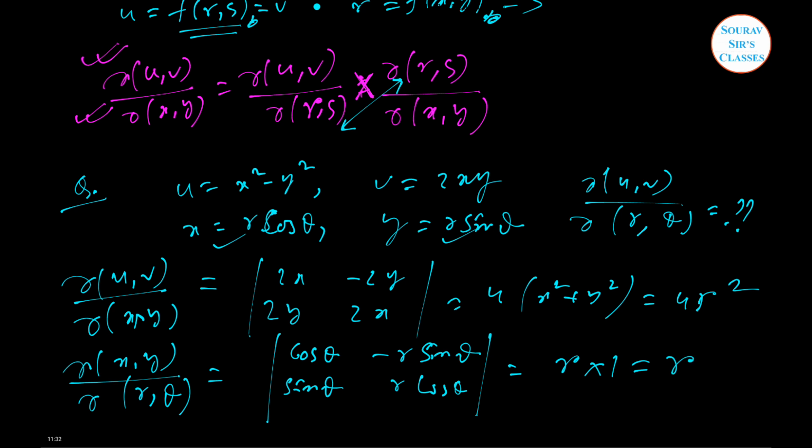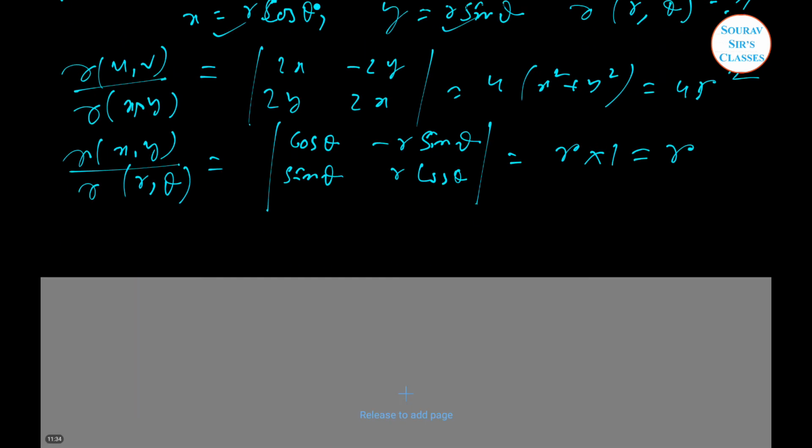This one is simply r itself. And now all you have to do is just multiply them. So this is 4r square into r, so the answer is 4r cube. So this is so easy to do the triple order structures of the Jacobian. There will be another property I will be discussing in my next video. Thank you.